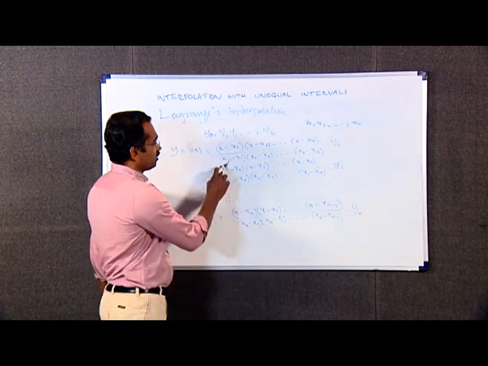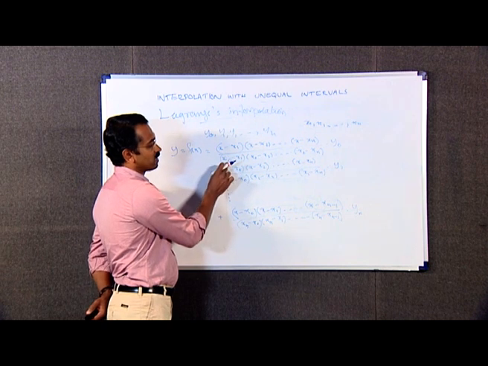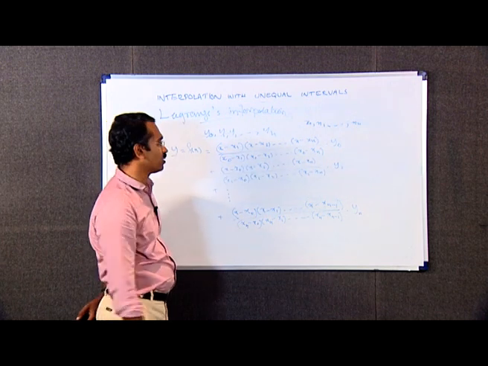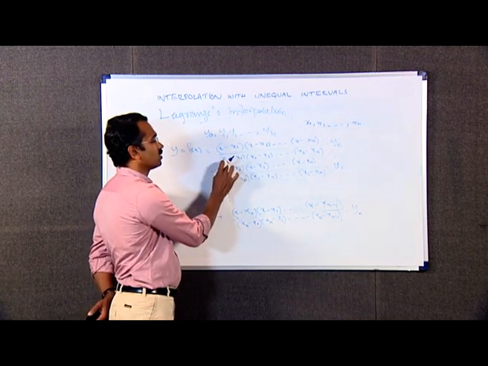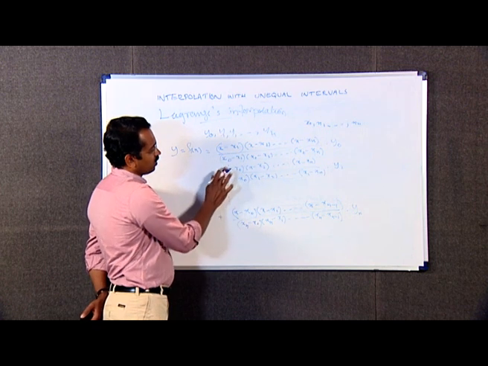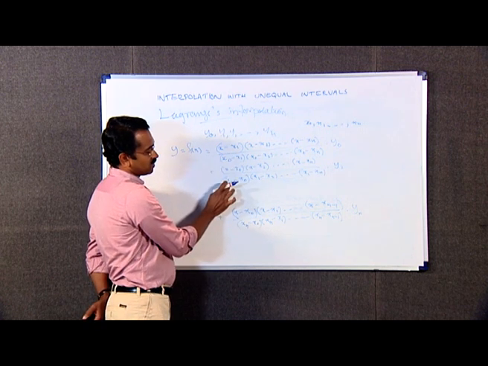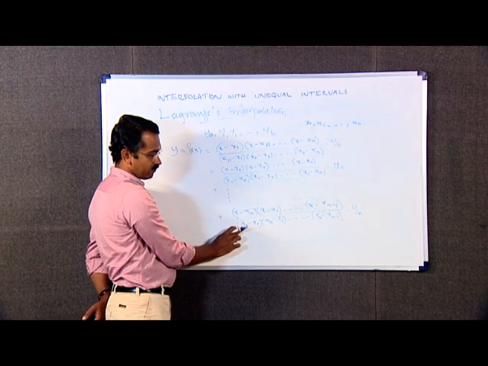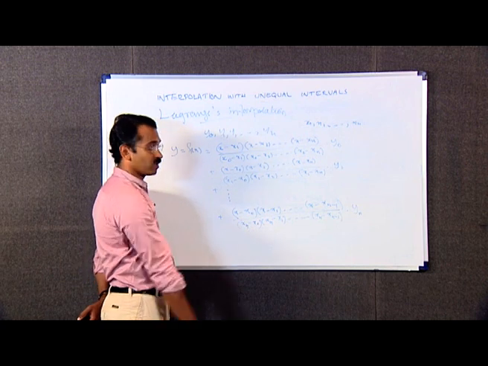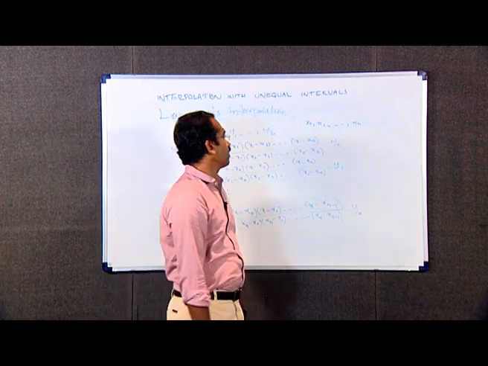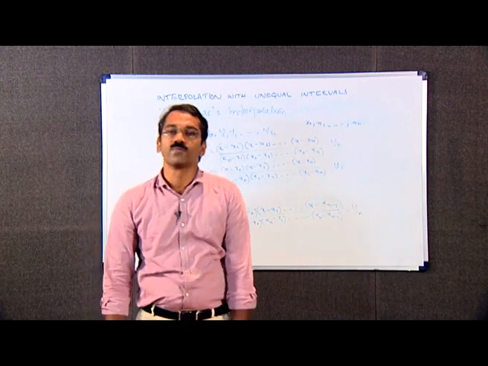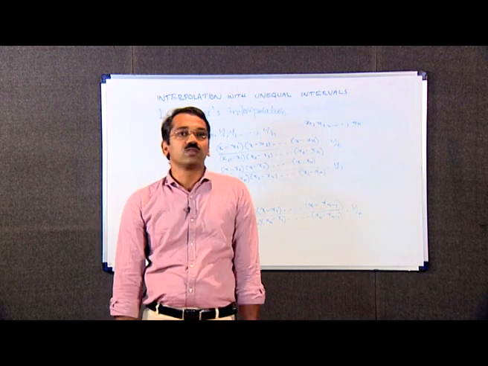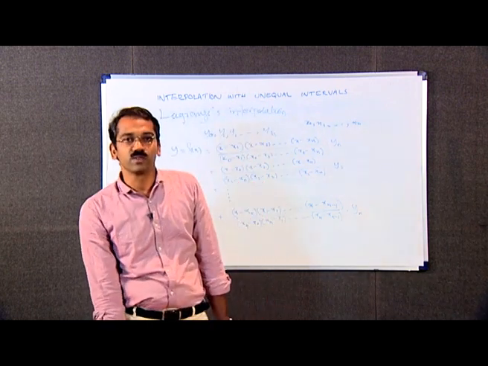In the denominator, in the first term we subtract from x naught. x naught minus x naught is 0, therefore it is not contained here. In the second term the subtraction is from x1, and in the general term, the subtraction is from xn. This is the Lagrange's interpolation formula. We can interpolate using this Lagrange's formula. This is a general interpolation formula.